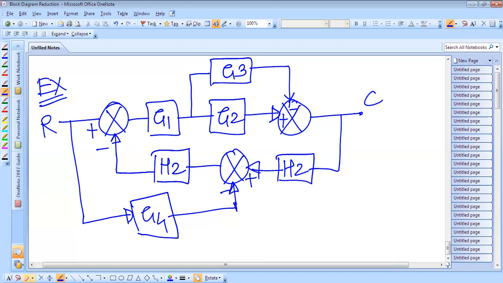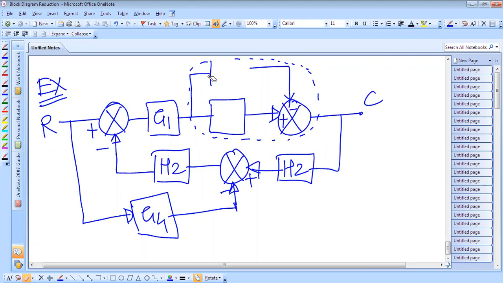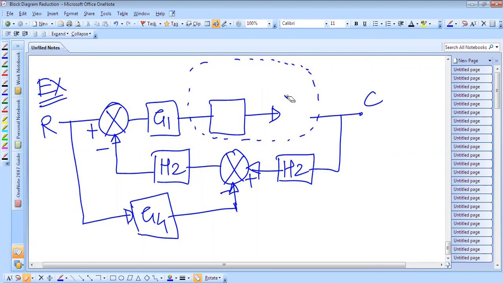I will remove this whole circuit, which I have shown in the dotted line, and replace it by one block having the gain G2 minus G3, because these two are connected in parallel. By using the rules, I can do this. So this will become G2 minus G3.